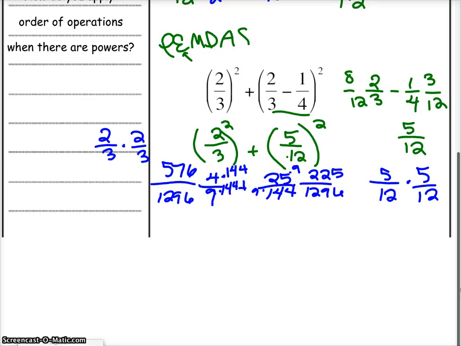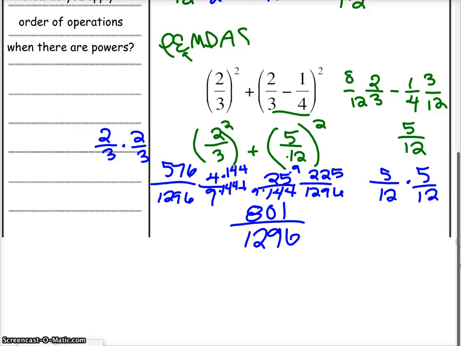Now I'm going to add them. 225 plus 576 is 801 over 1296. And if you didn't think to use the divisibility rules at first, which would have helped us tremendously, definitely use them second to simplify.